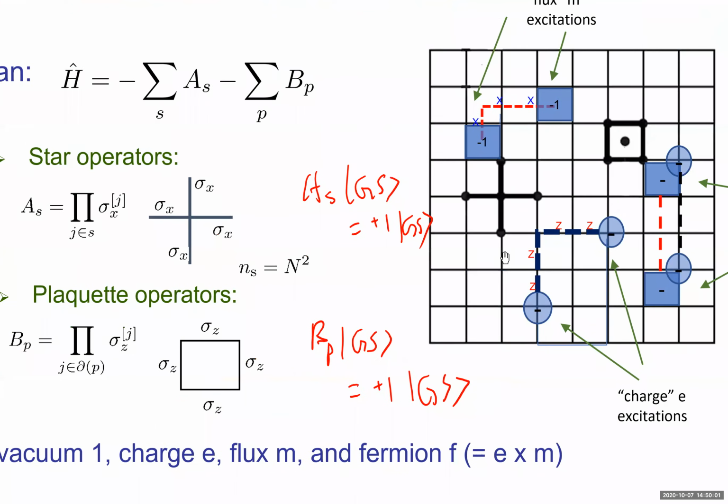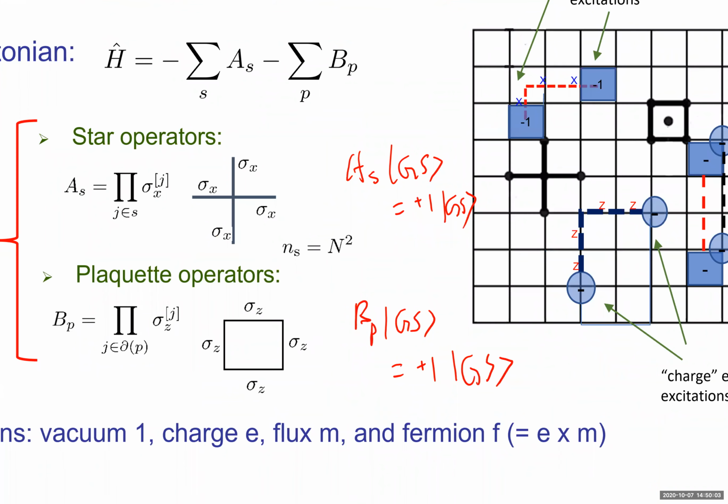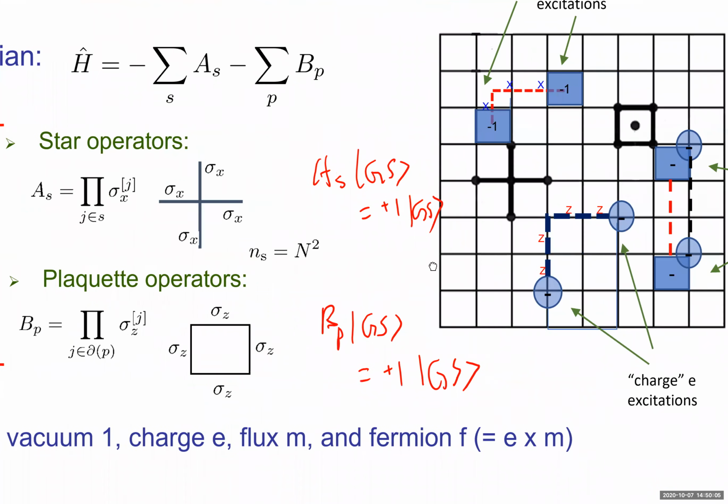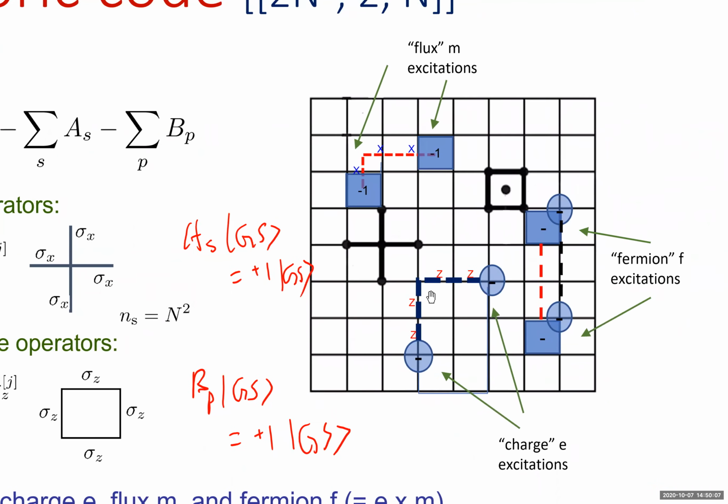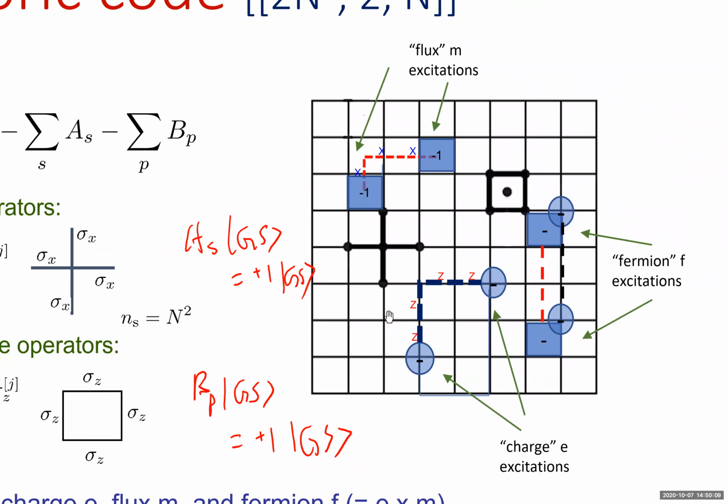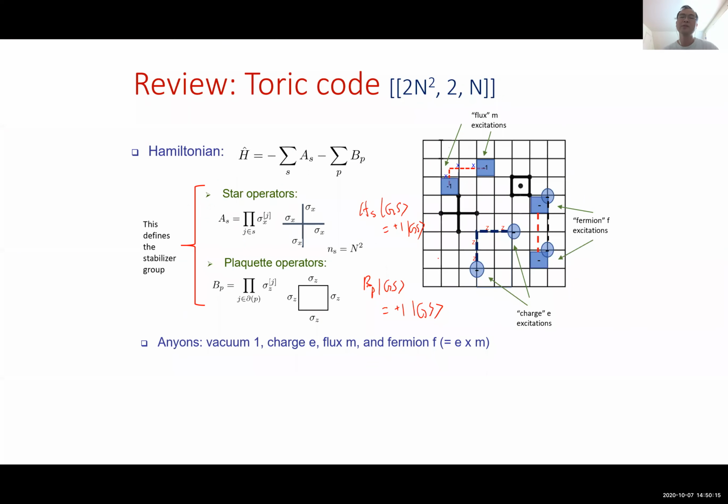Okay, I have a quick question. So this EM excitation, how do you create them? Yeah, so as I said, if you start with the vacuum, the ground state, I apply a Z operator.